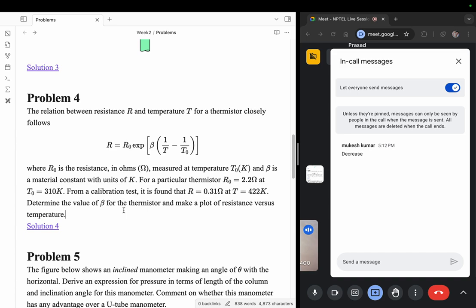If I am using a thermistor versus the last case, in the last session we discussed a resistance based thermometer, that is just like a resistor whose resistance value changes with temperature in a linear fashion. This is changing exponentially. So do you think there will be any advantage with this one or the other one, or it doesn't matter, both are just the same? You can just type or just unmute and say what you think about it. I just want to have some interaction.